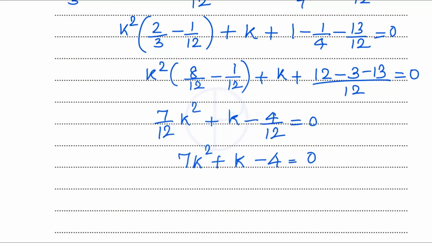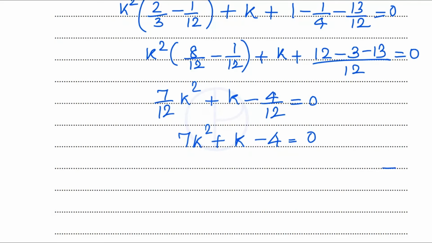So let's factorize this one. Or you can use a quadratic formula also. If you multiply, we have to get negative 28. If you add, we have to get 12k. 14 multiplied by 2 will give 28.